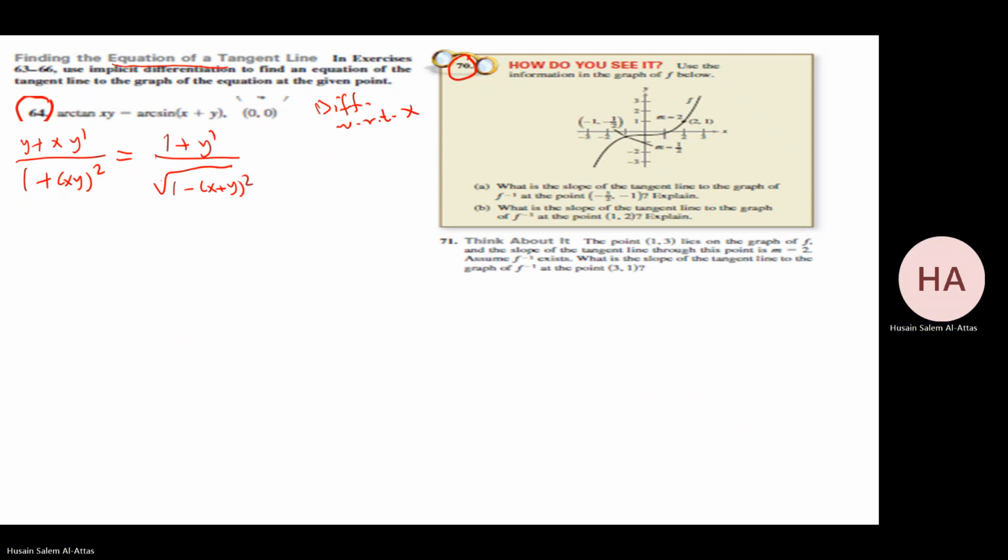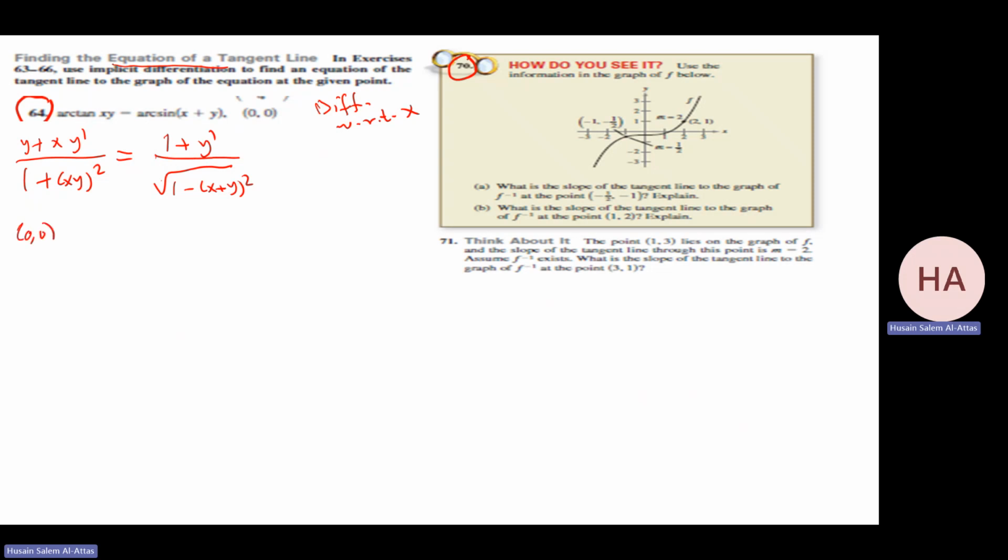64. I need to find the equation of the tangent line, not only the slope, but also the equation. So I need to find the slope first. So differentiate with respect to x. I have 1 plus (xy) squared, derivative, which is y plus x y prime, equals square root of 1 minus (x plus y) squared, and I have 1 plus y prime.